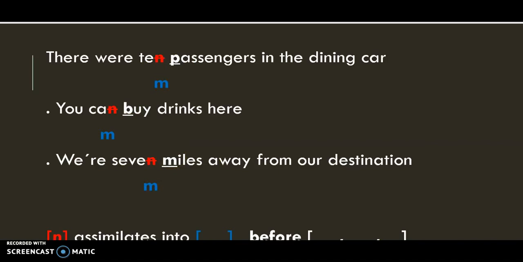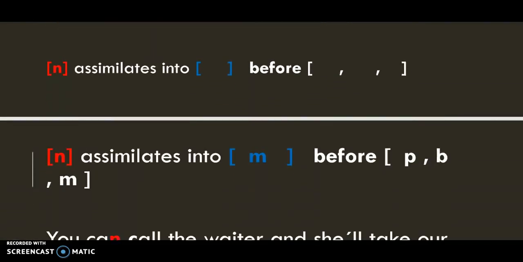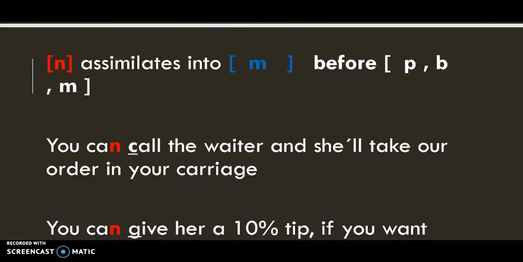This means that n assimilates into... Take one minute and complete the rule. Stop the video when you have the answer. Play it again. What we are saying is that n assimilates into m before p, b, and m.